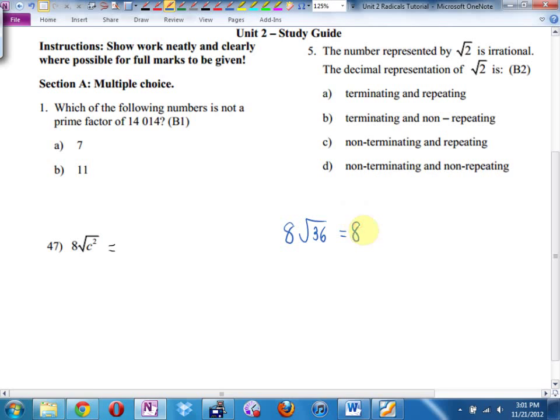Write the 8. And then I would say, you know what? I don't need to try writing the square root of 36 as something root something, because the square root of 36 actually works out evenly. I can do it. Root nothing. Oh, and then instead of writing 8 bracket 6, I would write that as 48.